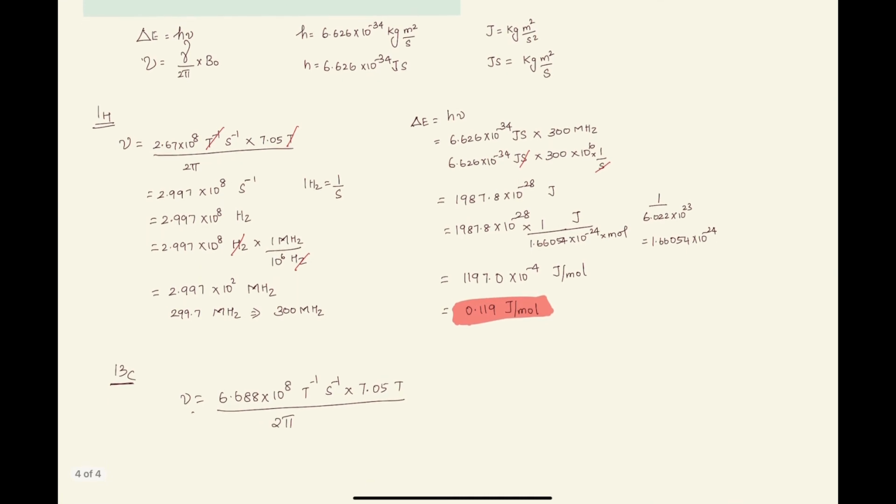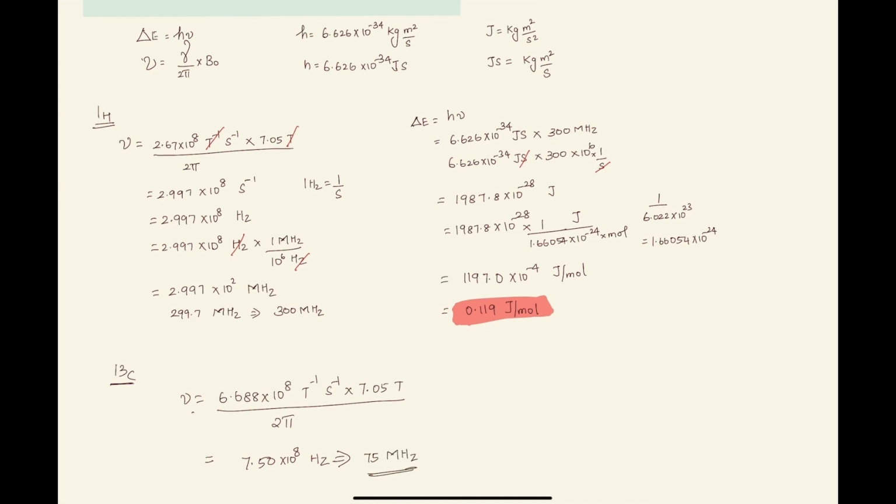And then when you do all the math here, it's going to be 7.50 times 10 to the power of 8 hertz, which should be converted into megahertz. That's going to be equivalent to 75 megahertz.